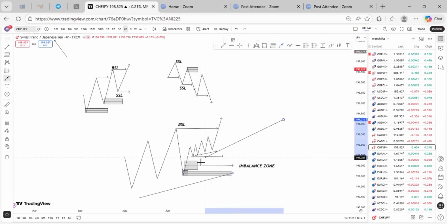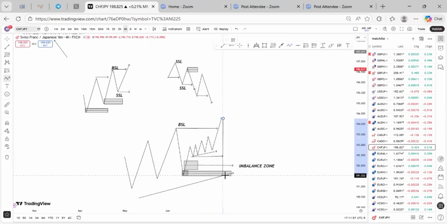And then lastly, I want to see my point of interest, which is my order block. And now once I've gotten this, the next thing I'll be looking out for is to wait for market to come back, clear this liquidity resting here, then completely fill in the inefficiency, which is the imbalance zone, and then finally tap into my point of interest, which is our order block.